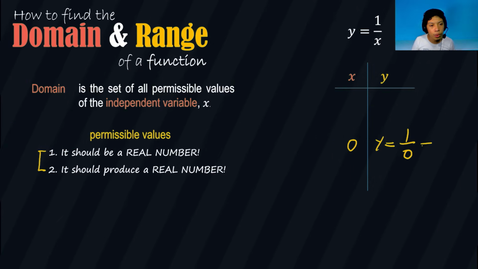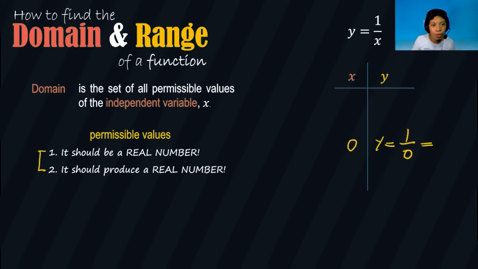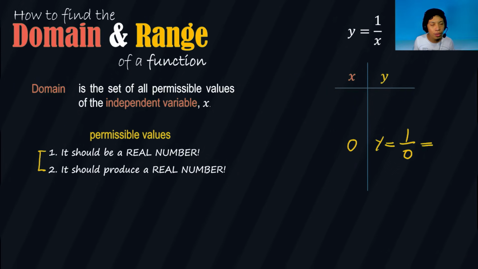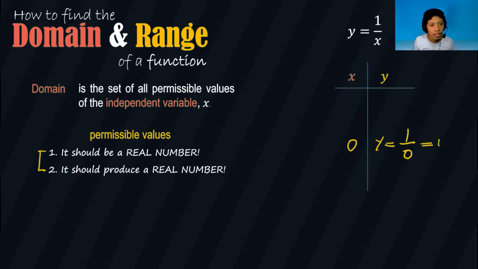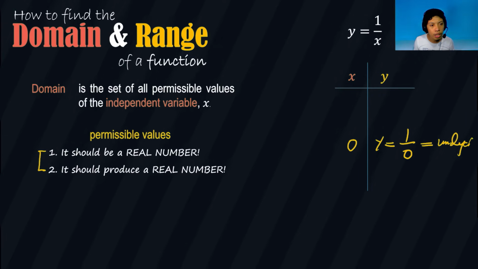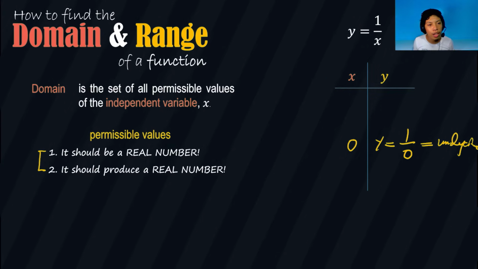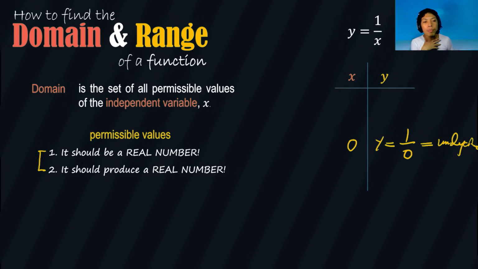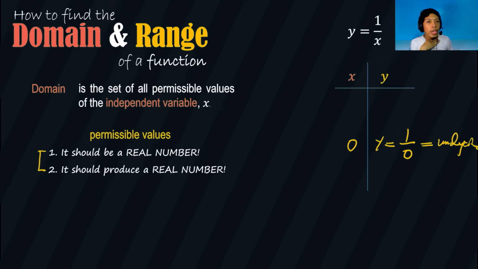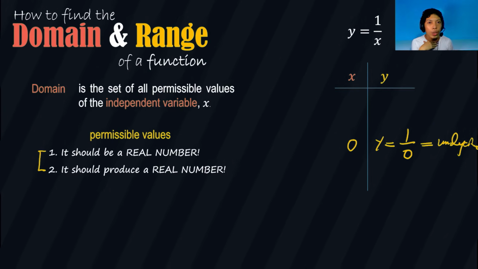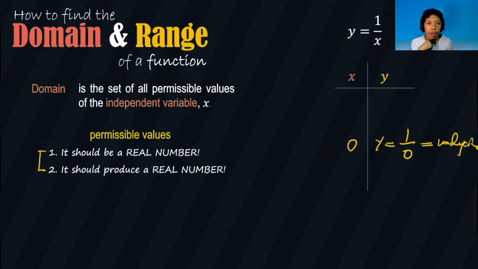Now, what's the result? Is it 0? No, it's not 0. Division by 0 is not allowed. Ibig sabihin, this is undefined. Undefined. Okay, so ibig sabihin, when x is 0, y is undefined. You cannot define what is the value of y.